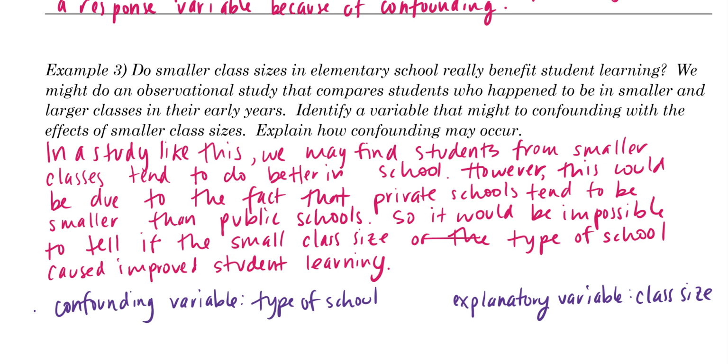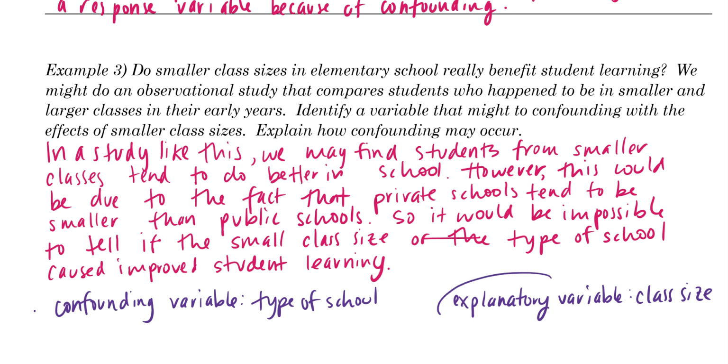Here's a picture, though, of what is not a confounding variable in this situation. So if I found that students from smaller classes tended to do better, and your explanation went something like this: well, yeah, because small class sizes are better for students because there's fewer students for the teacher to help, so the teacher can get around to more kids. That is not explaining a confounding variable. That is not explaining confounding at all.